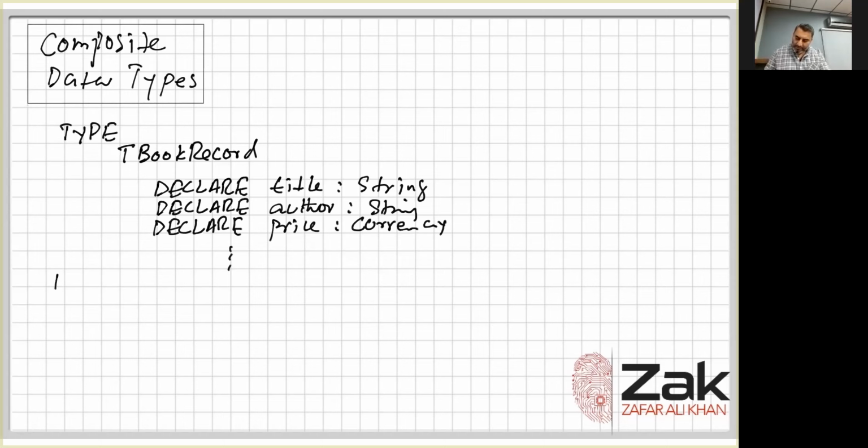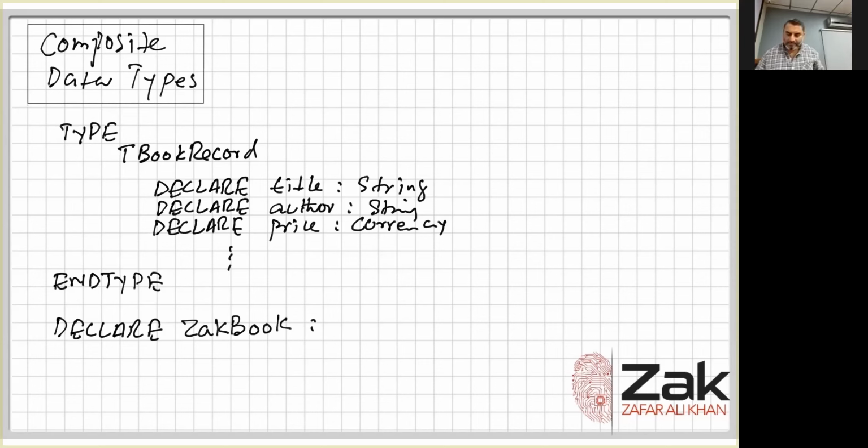Or over here, we will type and type. And then we would have a book: declare Zach's book as tbook record.